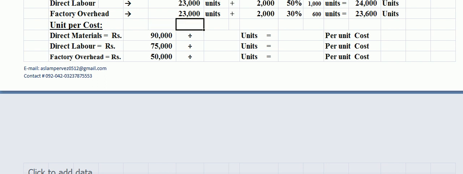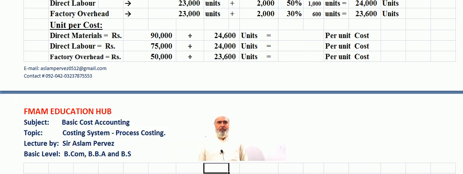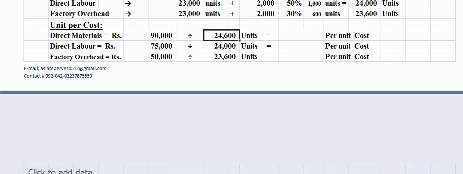Now we put the equal production here as a material, labor and cost, which is 24,600 as a material, 24,000 as a labor and 23,600 as a factory overhead. Now we divide the cost with units here.